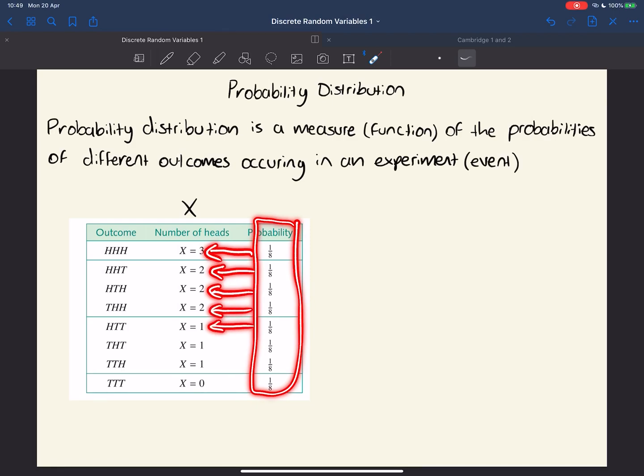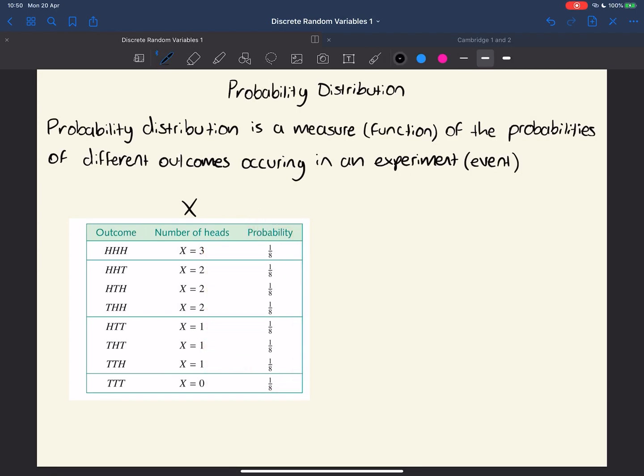The probability of each event happening. And we can summarize this a little bit more clearly with a table. We call it a probability distribution. So I want to make a little table here.